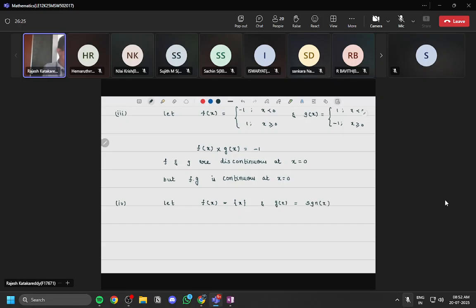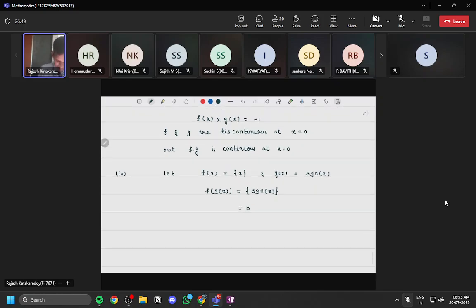Maybe this will do for us. If we take the composition between them, f of g of x, we will get the fractional part of signum of x. So how much is the fractional part of signum of x? 0, right? So we get 0.